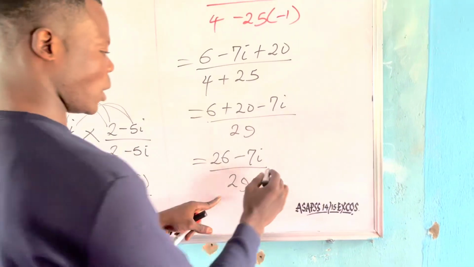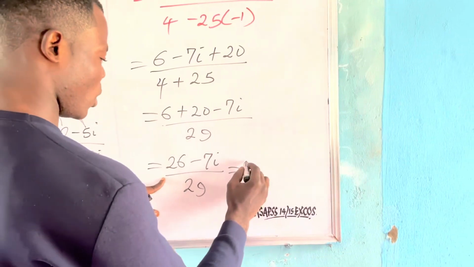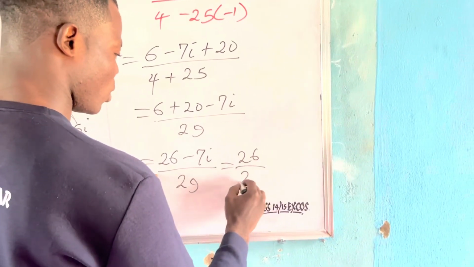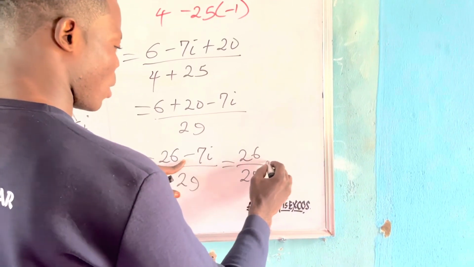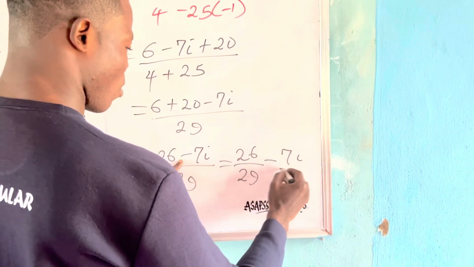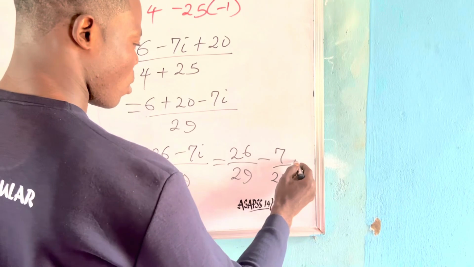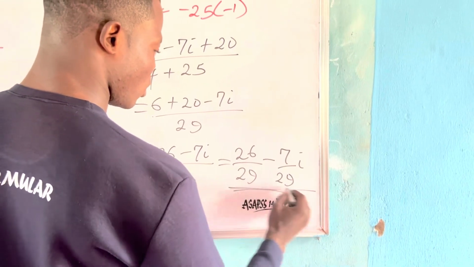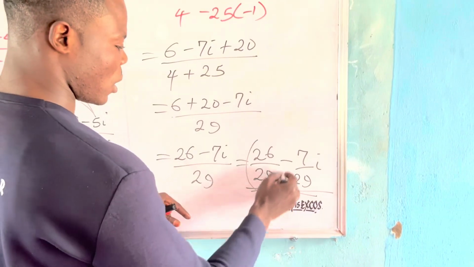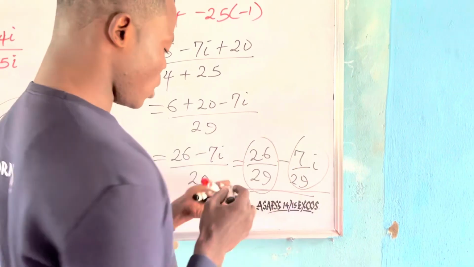And this can be written as 26 over 29 minus 7 over 29 i. So the real part of this is this, and the imaginary part is this.